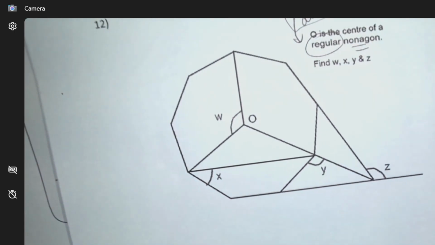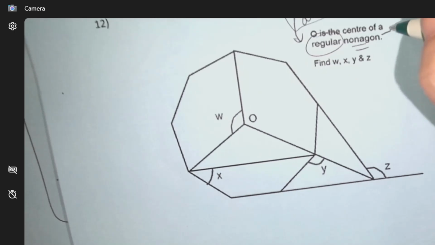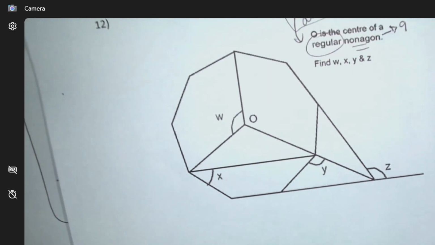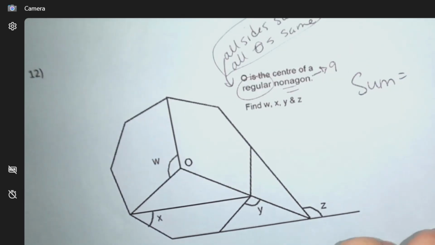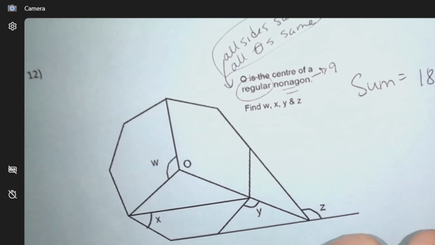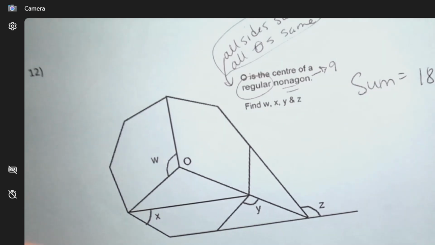Okay, you don't have to memorize the word nonagon because I gave you a diagram, but does anybody know the nona number? How many sides? It has 9 sides. Okay, so guess what I'm going to do to a 9-sided object? The total angles equal 180 times (9 minus 2). The formula.